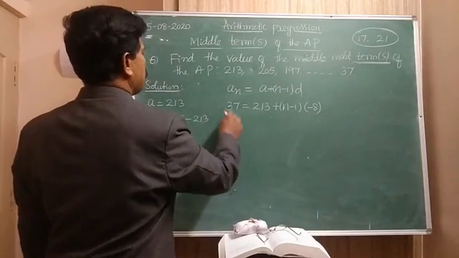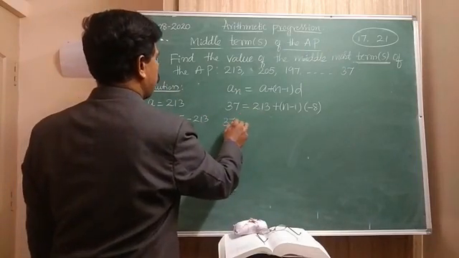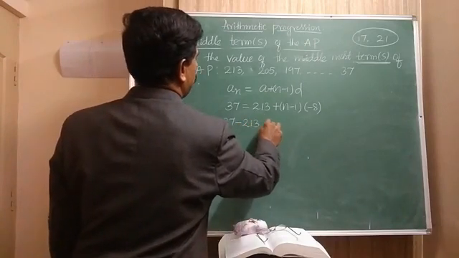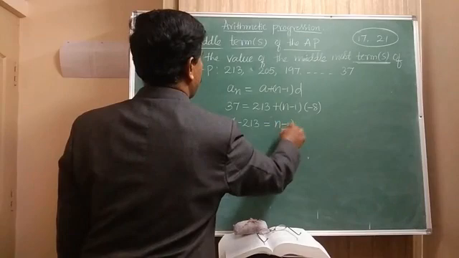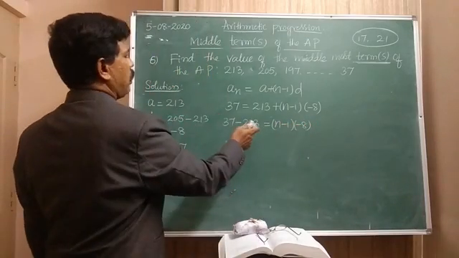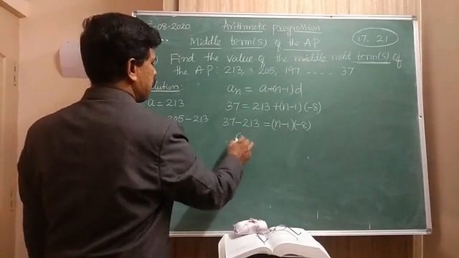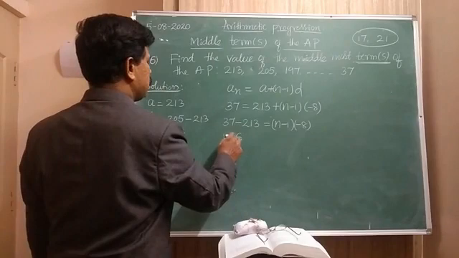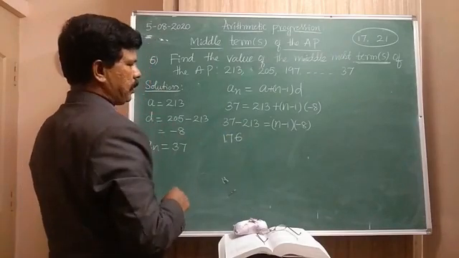Now shift this one. 37 minus 213 equals (n minus 1) into minus 8. Now 37 minus 213 is minus 176.